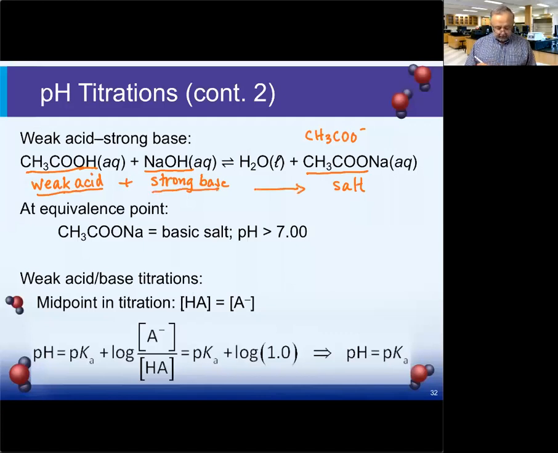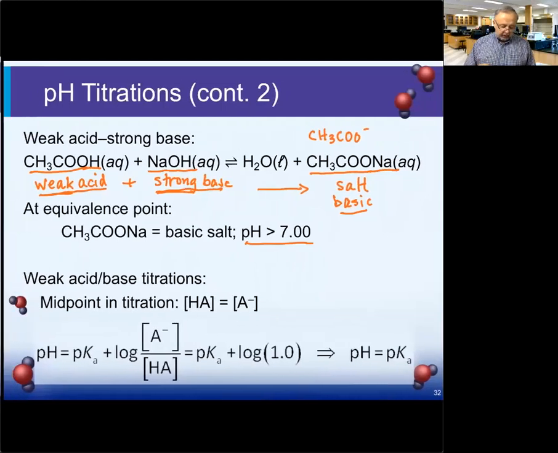The acid is a weak acid and this is a strong base, which means that this salt is going to be basic. Because at the end of the titration, we only have the salt; all the acid and the base at the end point have been consumed. So the pH at the end point has to be the pH of just the salt. And since this salt is basic, we expect the pH to be greater than 7 for this titration.